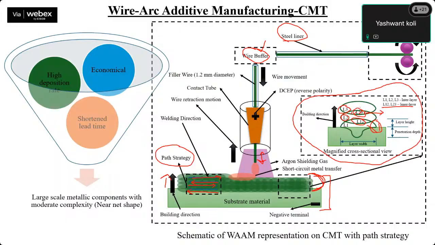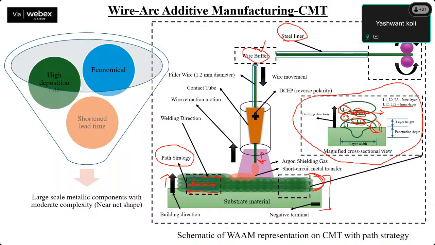So if the temperature is kept constant in between the first layer and second layer deposition, throughout the building direction, if the temperature is kept constant in between every layer, then many researchers, and we have also experimentally done that, if we keep the temperature at 200 degrees Celsius in between every layer and throughout the component, the properties are enhanced and this weakest zone is not that weak.